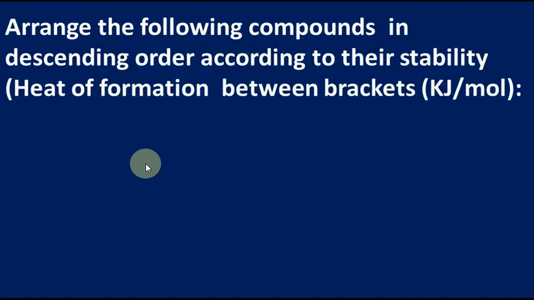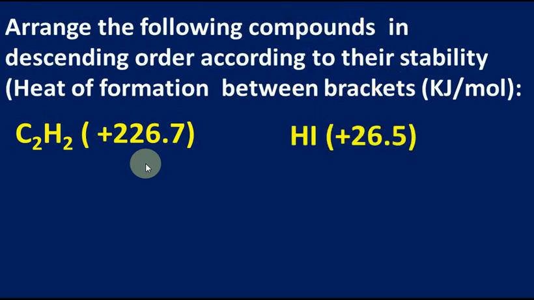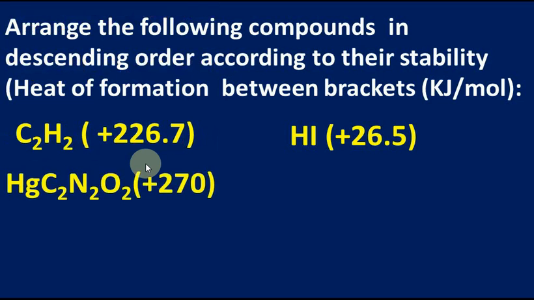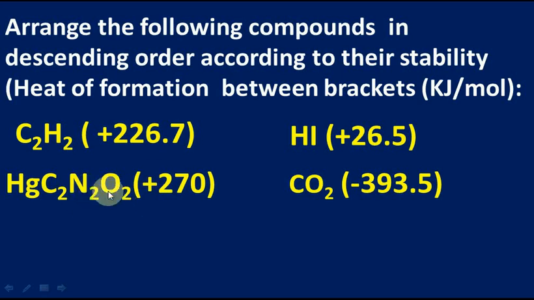Arrange the following compounds in descending order according to their stability, with heat of formation between brackets in kilojoule per mole: C2H2 positive, HI, and HgC2N2O2. This compound is not present in nature. Why? Because if I want the most unstable compound, I choose the more positive value.